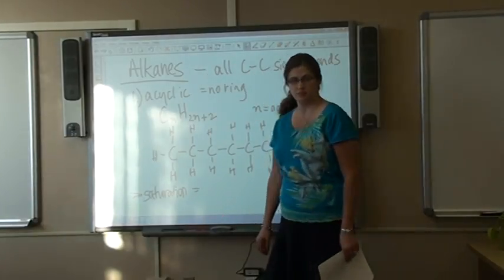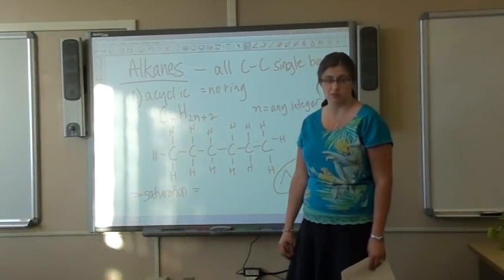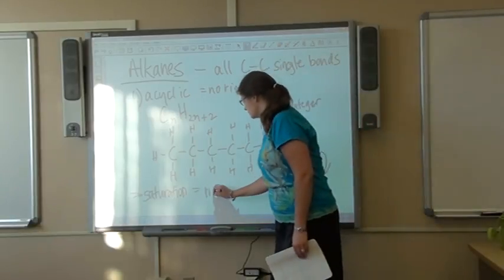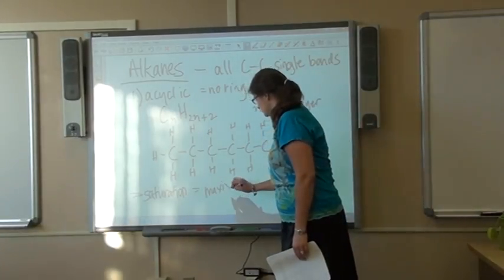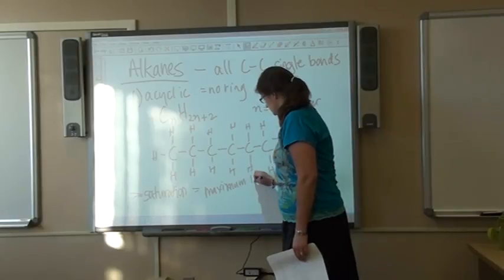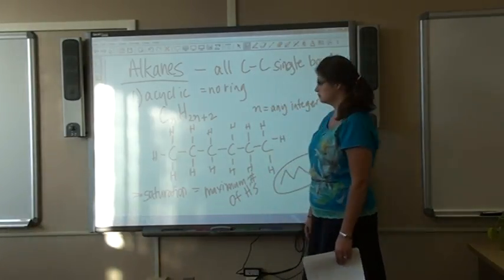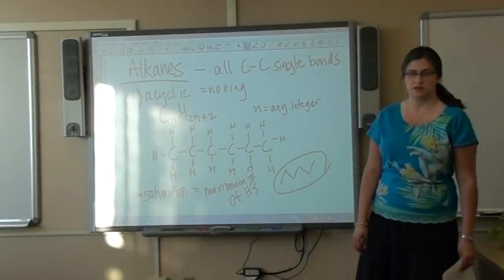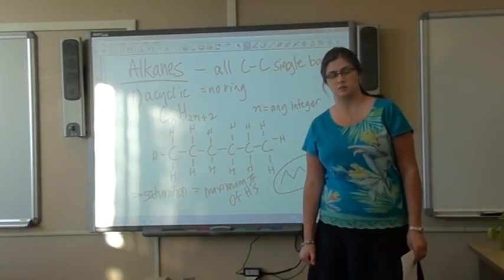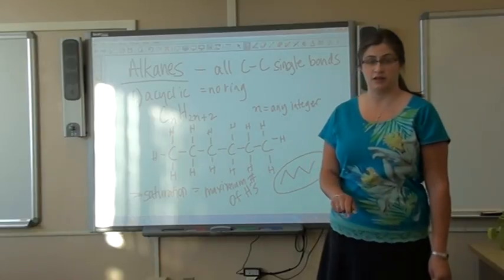Saturation is the chemical way of saying that you have the maximum number of H's possible. In the same way that saturated oils have the maximum number of H's, we'll talk about that in a few minutes.